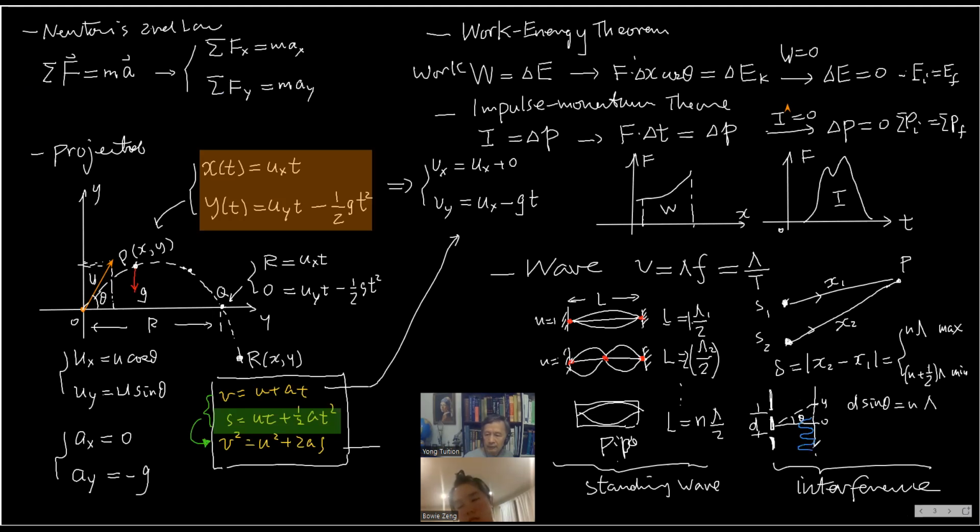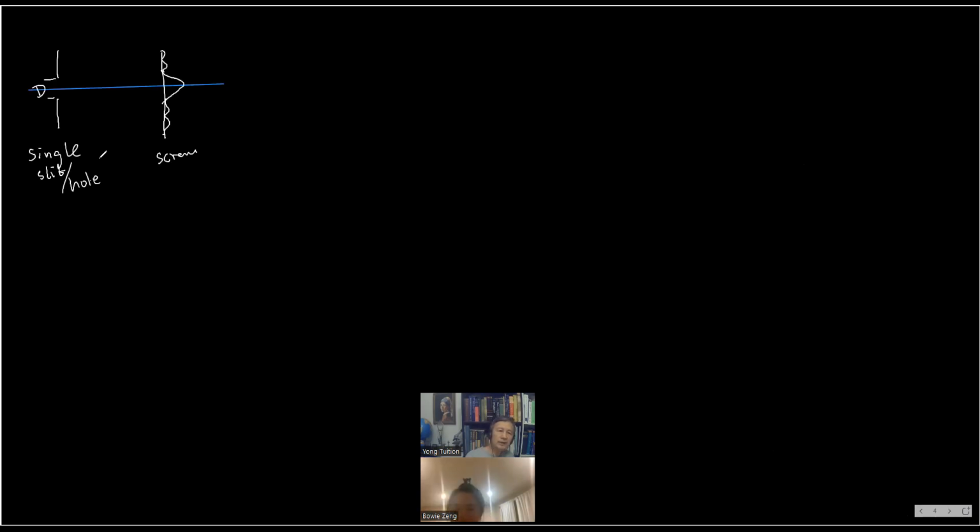Can you follow me? But for the single slit, they only get brightness at the center. Now, if you want to see it in 2D, basically at the center this is bright, and after that you get a ring here.